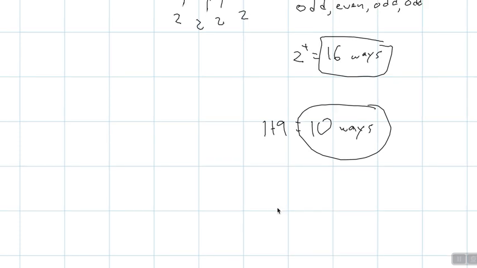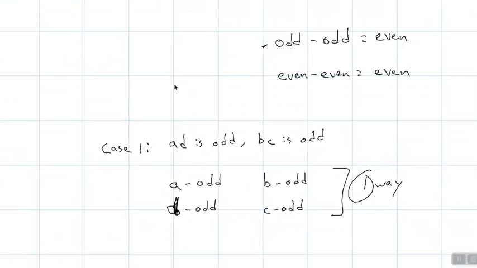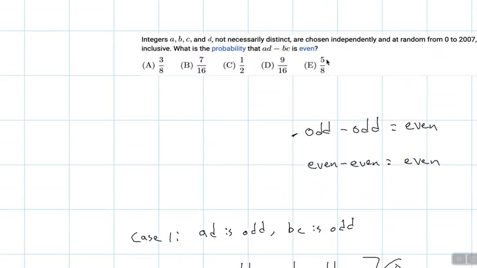And so then, therefore, the probability of AD minus BC being even is going to be that over the total number of ways to pick an even and odd combo. So 10 over 16, which is 5 over 8, which is that probability. So the answer is choice E.